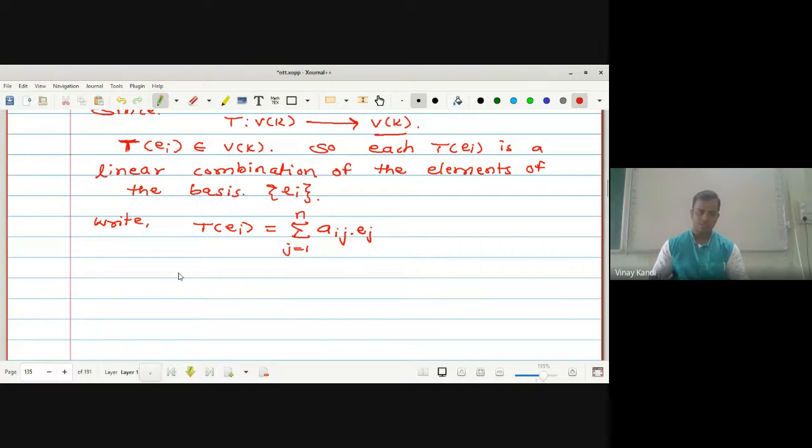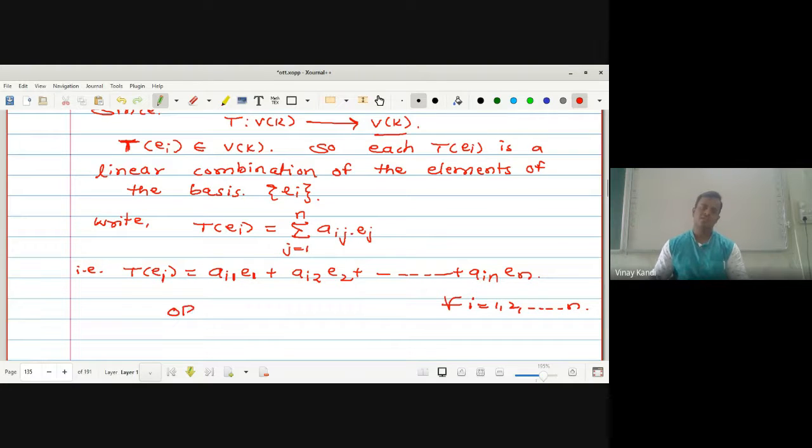That is how we can write it. T of Ei, now run this summation: Ai1 E1 plus Ai2 E2 plus up to so on AiN En, for all i equal to 1, 2 up to so on N.